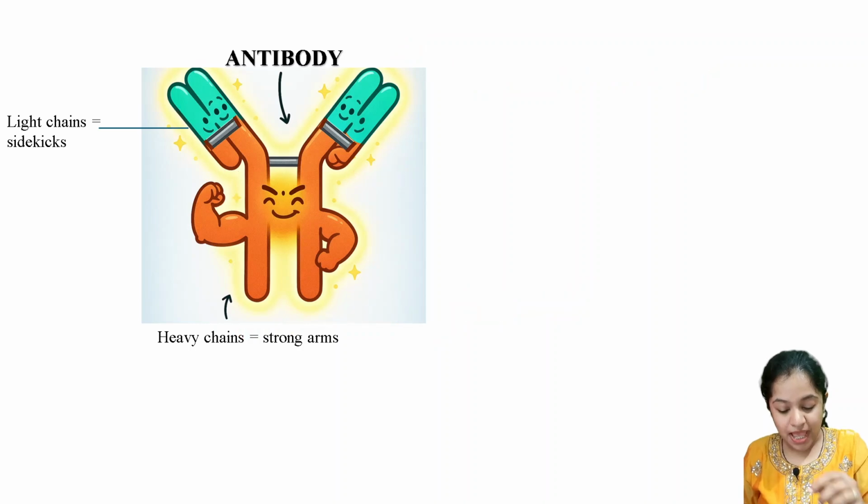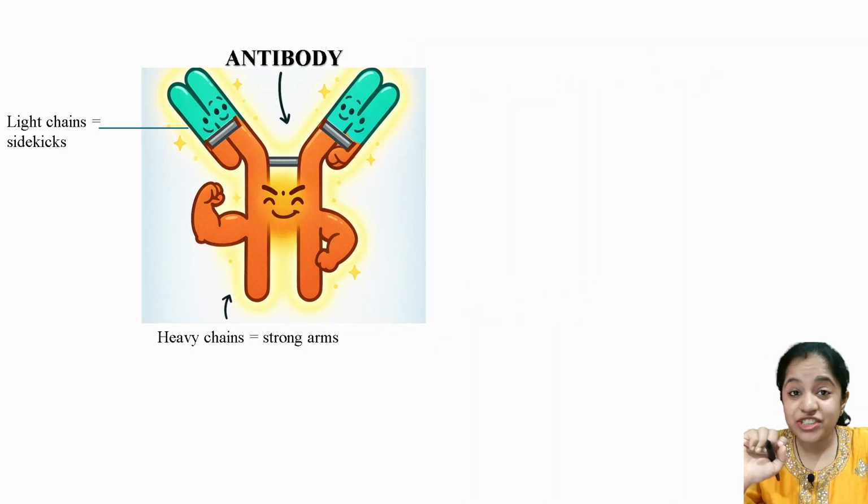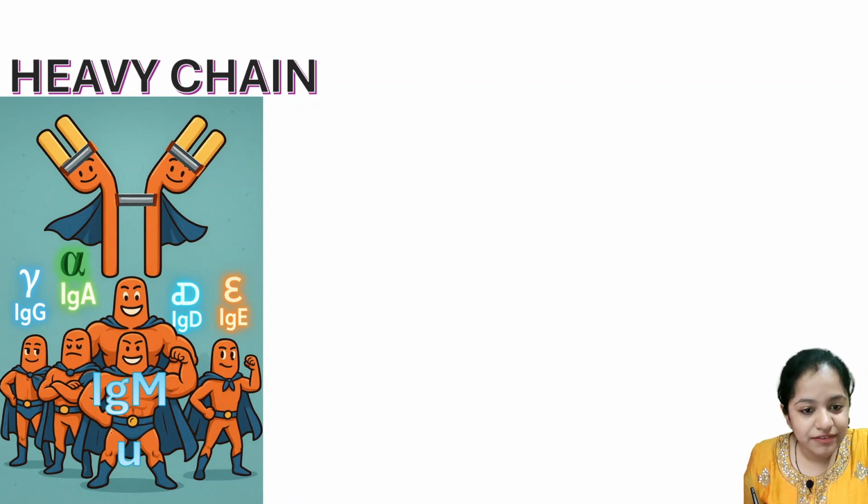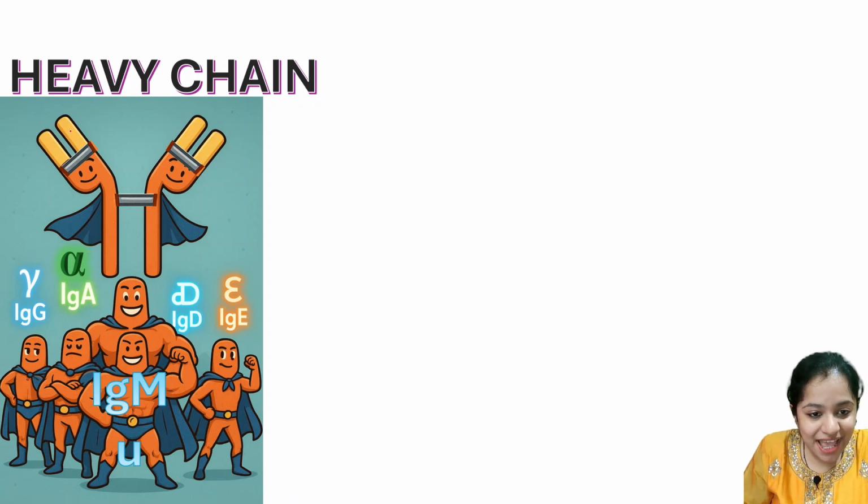Clear? Now let's see each of these chains individually. Now you see the heavy chain. There are 5 classes of heavy chain. Each of these 5 classes gives your antibody an identity. The 5 classes of antibody are based on these heavy chains.